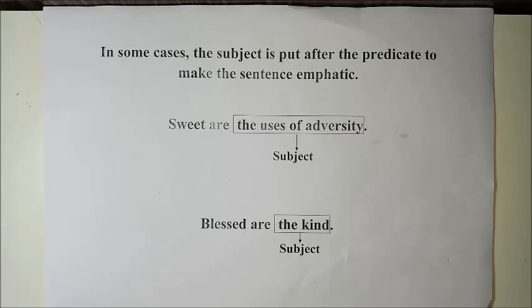Sometimes they want to put emphasis on some idea, and other times they want to adjust the rhyming scheme of their poem. And because they have poetic license, they can bend the rules of grammar to suit their poetry. And hence we can say that it is not always necessary that the predicate comes after the subject. It may come before the subject in some cases.